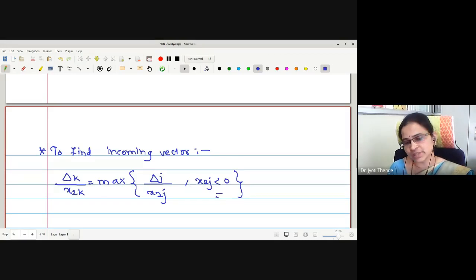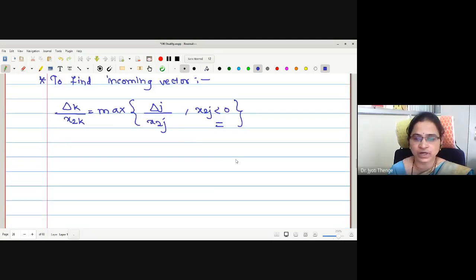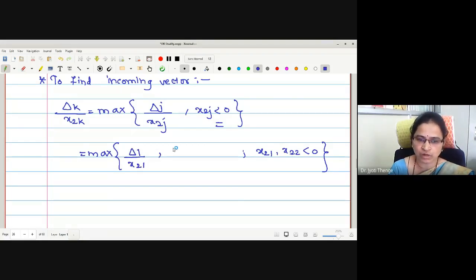That is, only those entries we have to take care of which are negative. Here we have two negative entries, x21 and x22, both less than 0. Therefore, how many ratios are possible? For j equal to 1, delta 1 upon x21. For j equal to 2, delta 2 upon x22. Right?